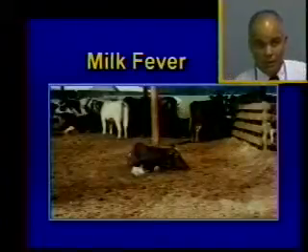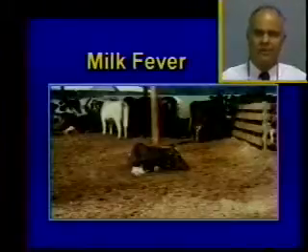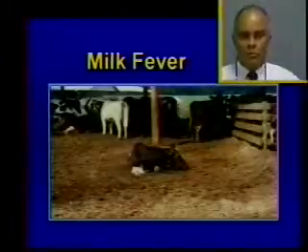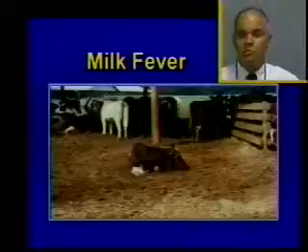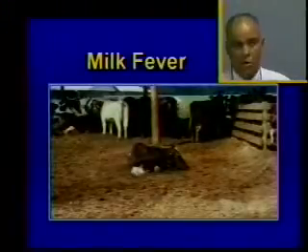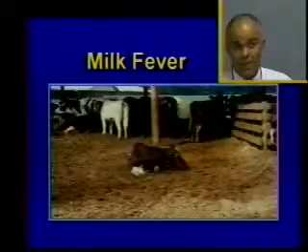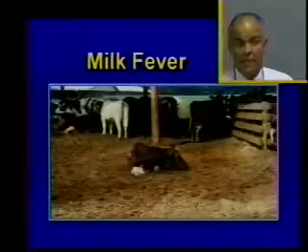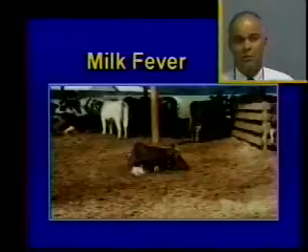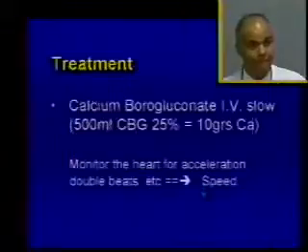With milk fever in dairy cows, what we have is a flaccidity of the major muscle groups. But there may be some fasciculations and a little bit of trembling going on. But this animal, if she's not treated promptly, usually dies from respiratory failure or heart failure.